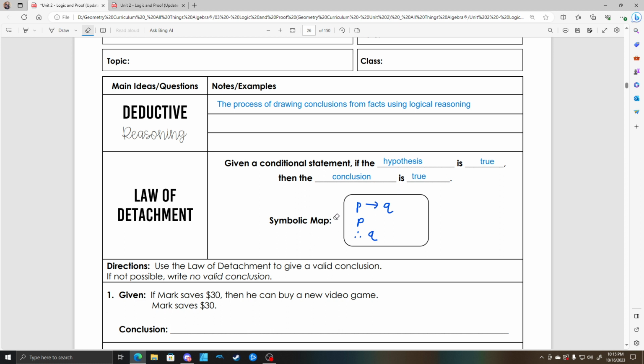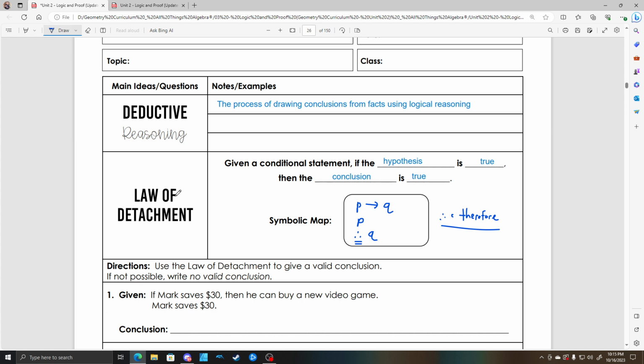In symbolic form, we would say if P then Q, P, therefore Q. Just to be clear, the symbol with the three dots means therefore. It's basically saying in conclusion. So if P then Q, we're saying that P happens, therefore Q will happen.